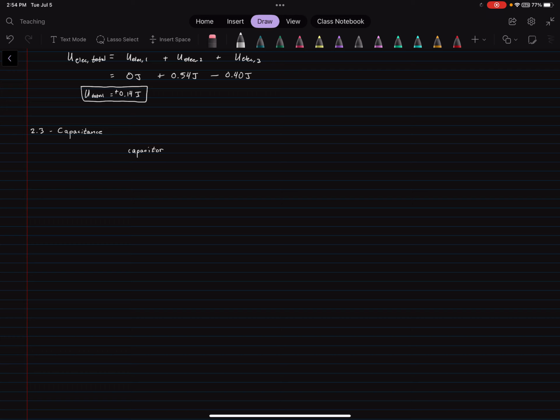A capacitor is a device that offers a store of electrical potential energy, in the same way that a spring would store elastic potential energy.